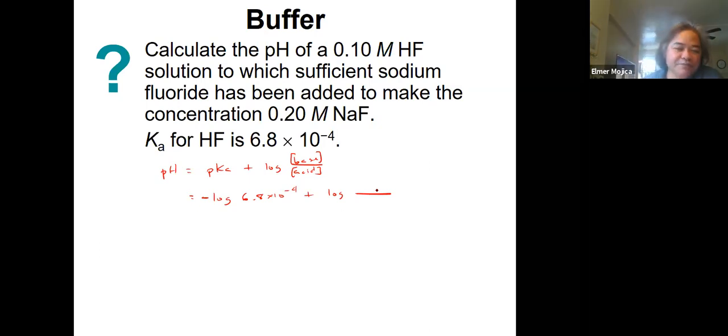You have to identify which is the acid and which is the base. The base is in the numerator, the acid is in the denominator. So how are you going to solve this? Anyone? What will I put above and what will I put below the line?